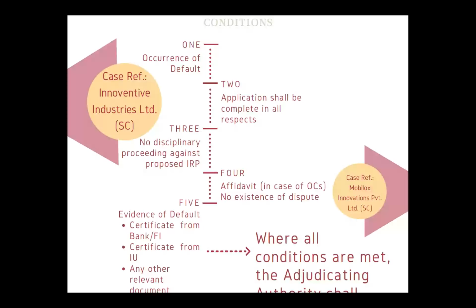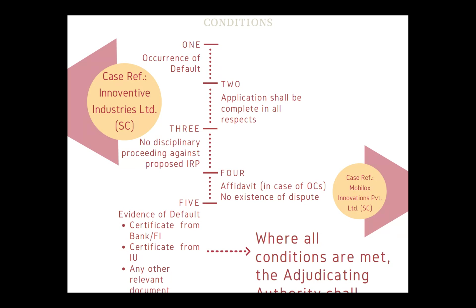Occurrence of default. What is condition number 5? Evidence of default, so evidence of such occurrence of default. Where the applicant is able to prove that a default has occurred, then condition number 1 is met, and condition number 5 is also met. Condition number 5, your evidence of default, may be a certificate from a bank or a financial institution, or a certificate from an information utility.